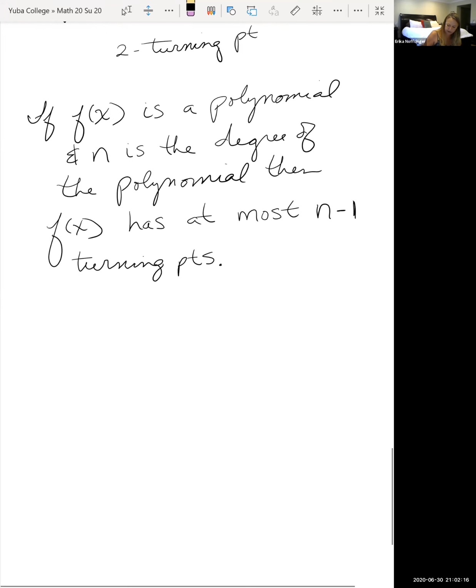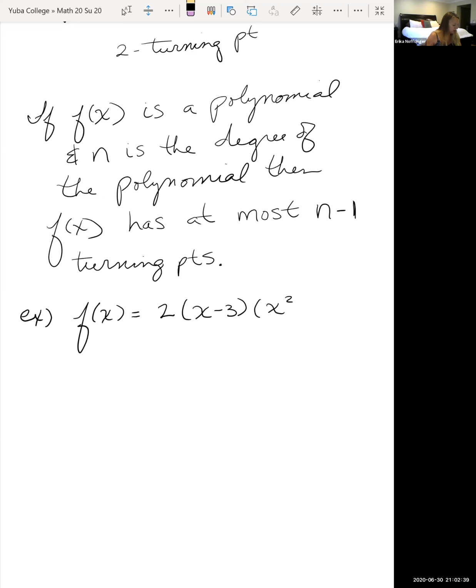Let's put it all together. So if you're given f of x is equal to 2 times x minus 3 times x squared plus 4 cubed, list each real zero and its multiplicity.